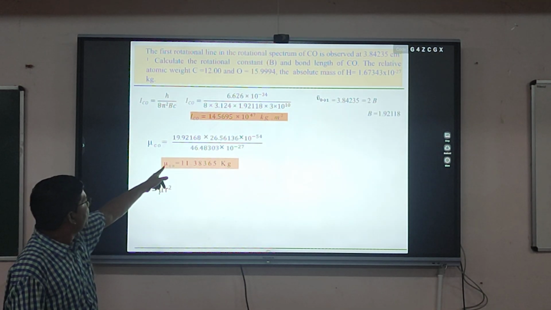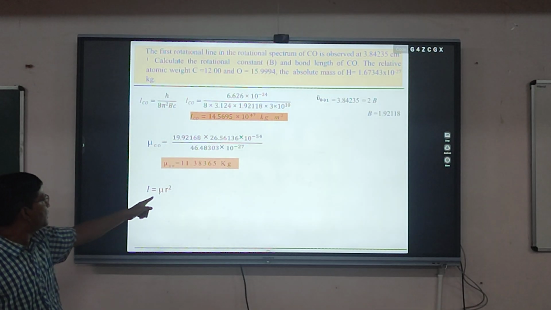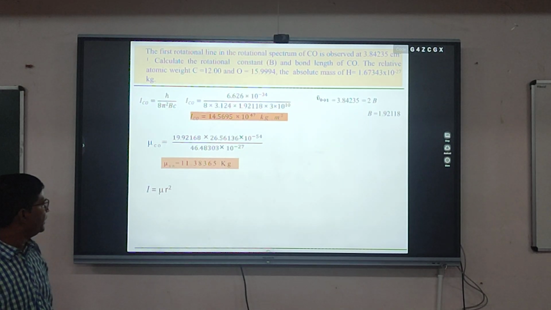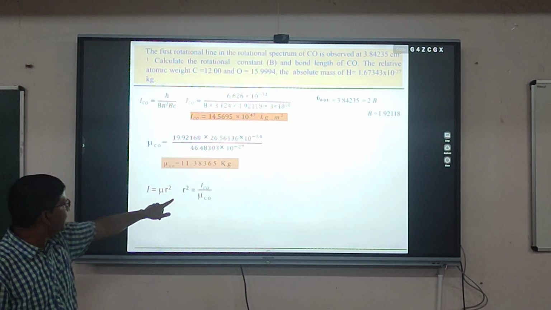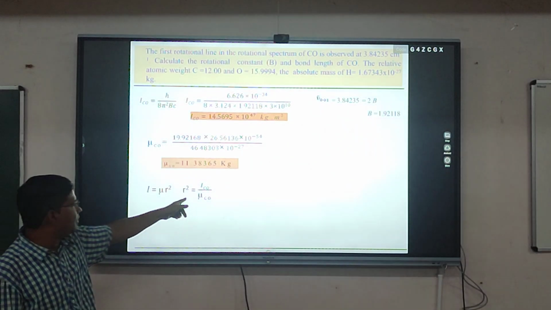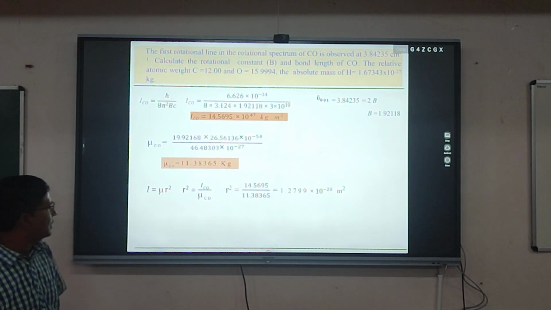Now we know the reduced mass and the moment of inertia for carbon monoxide. Based on that, I equals μr², and we can calculate the bond length. That will be the moment of inertia of carbon monoxide divided by the reduced mass of carbon monoxide.